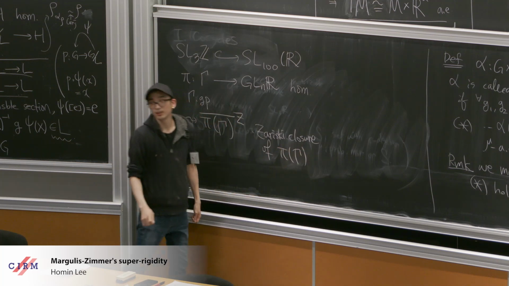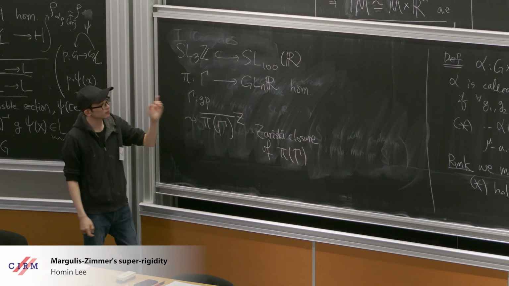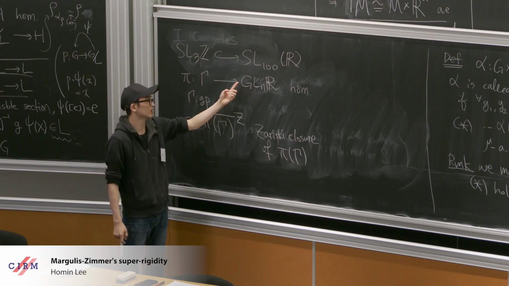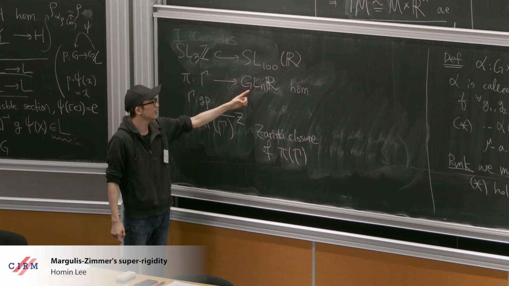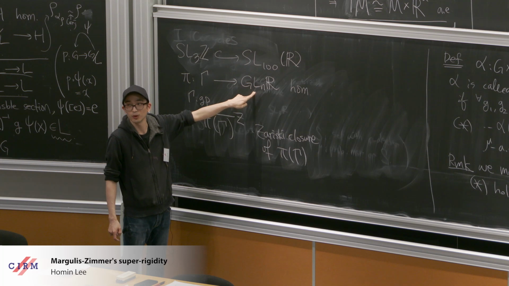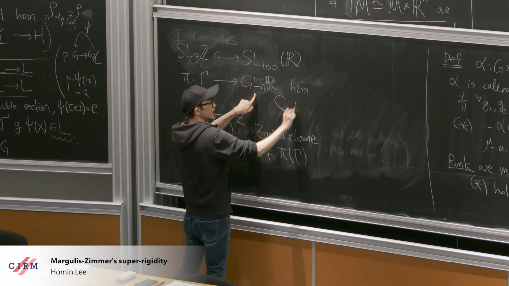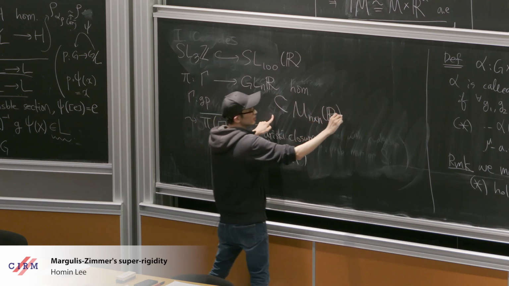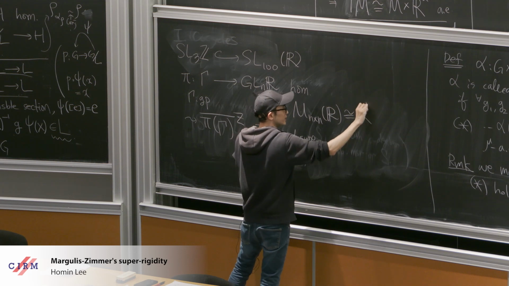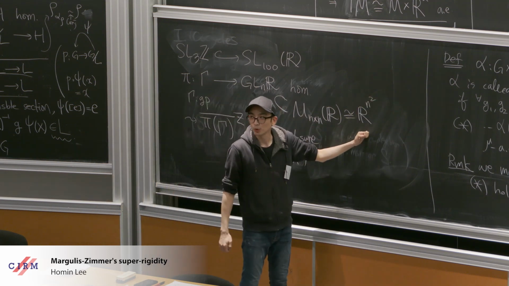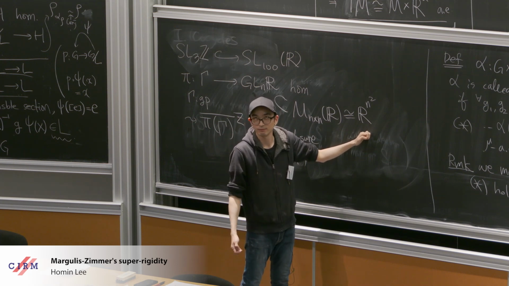What does this mean? You can think about polynomials on R to the n, and the zero locus of the polynomials. You can think of GL n R inside n times n matrices, identified with R to the n squared, and there you can define polynomials in n squared variables.